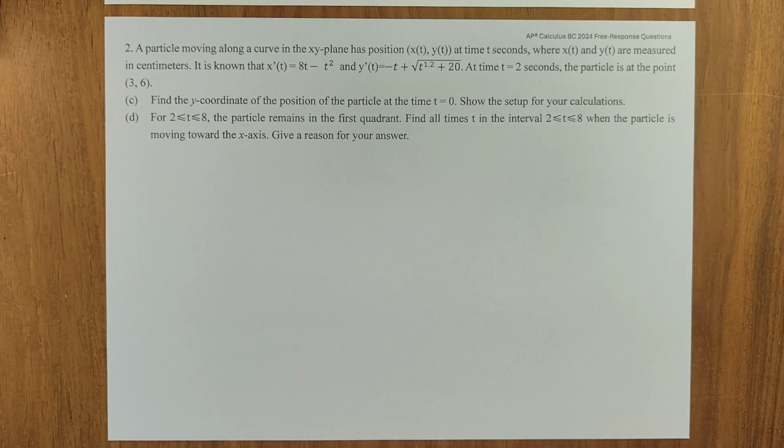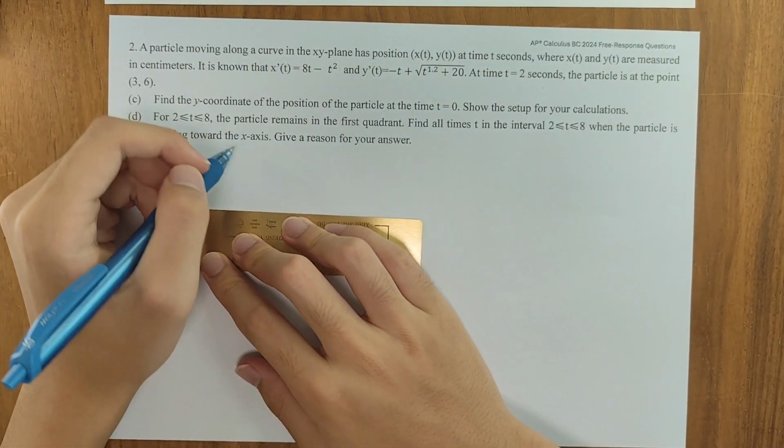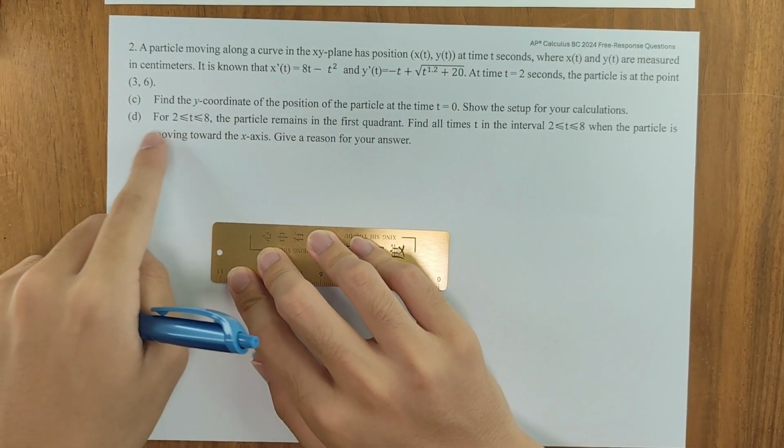Okay, part C. Find the y-coordinate of the position of the particle at time t equals 0. Show the setup for calculations. So with these problems, it is using the fundamental theorem of calculus.